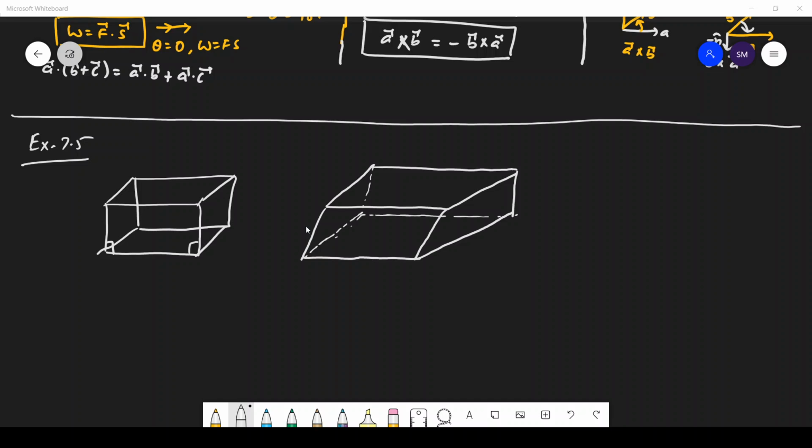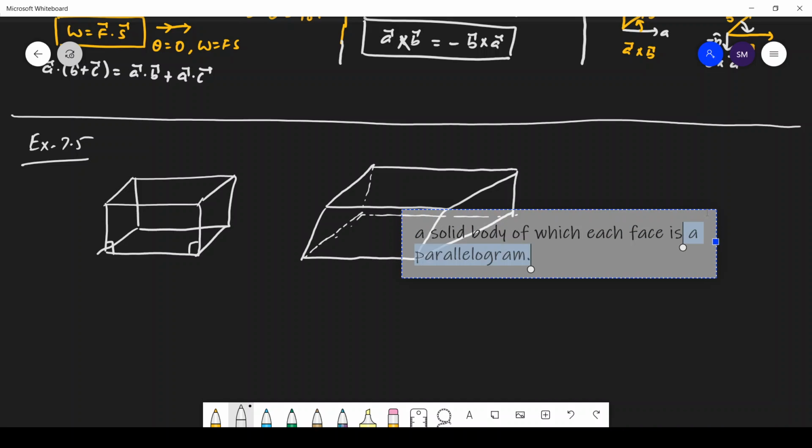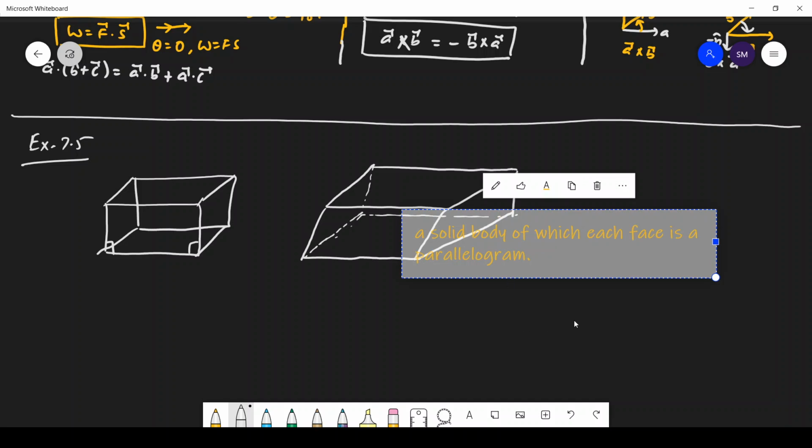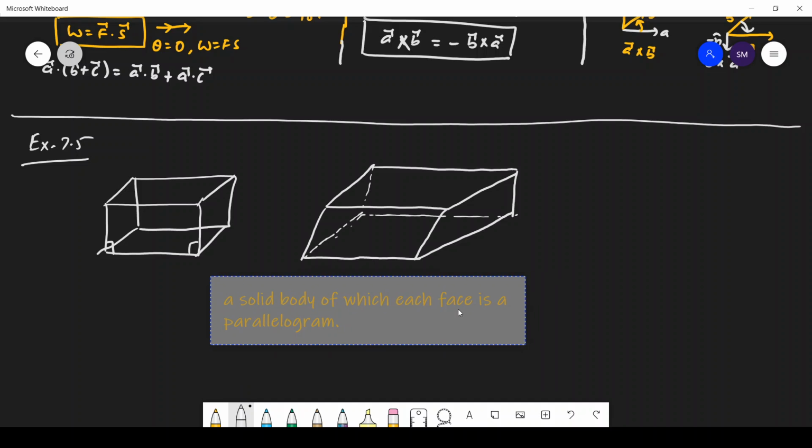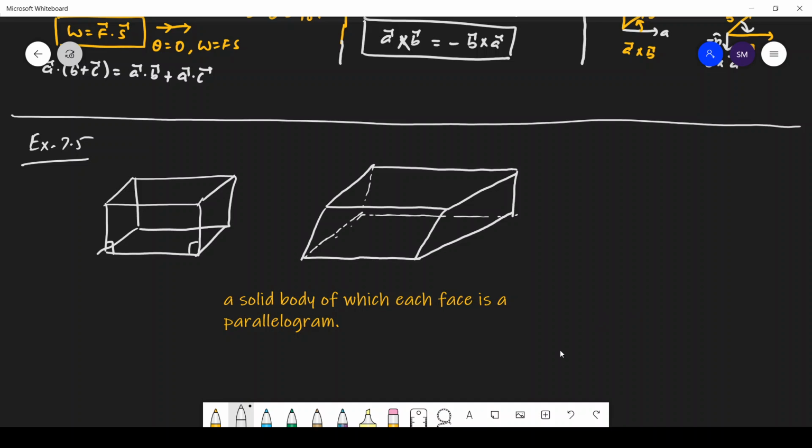So a parallelepiped is a solid body of which each face is a parallelogram.